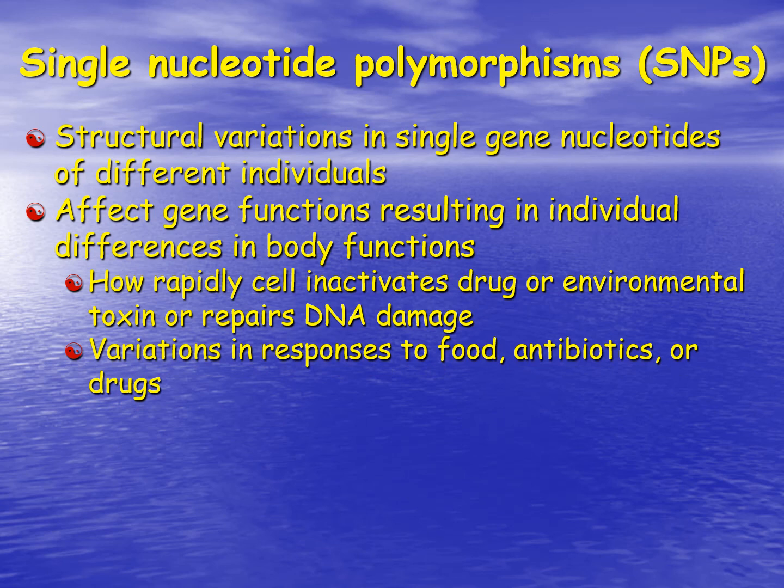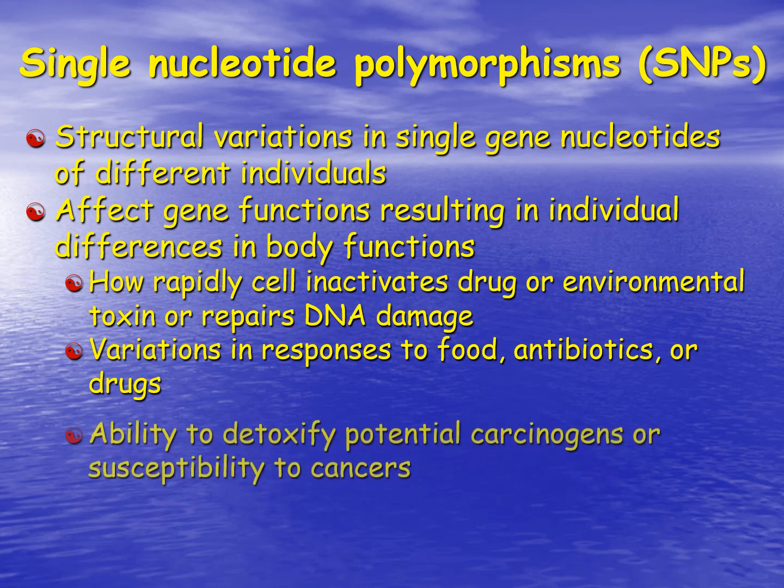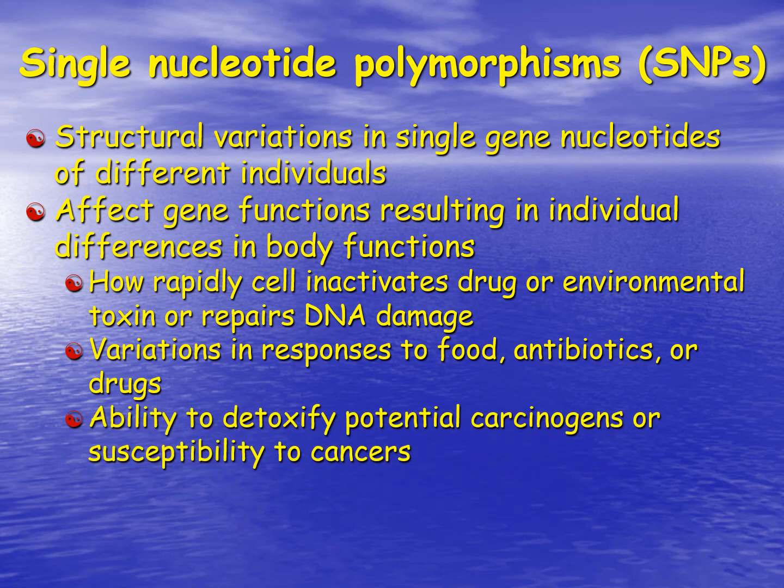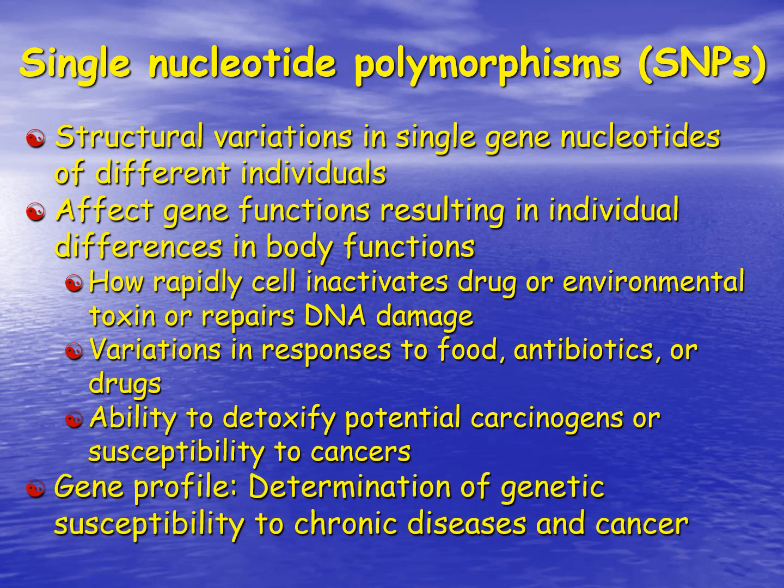Variation in responses to food, antibiotics, or drugs is often caused by SNPs, as is the ability to detoxify potential carcinogens or susceptibility to cancer. Gene profiles determine the number of genetic SNPs or genetic susceptibilities to chronic disease and cancer.